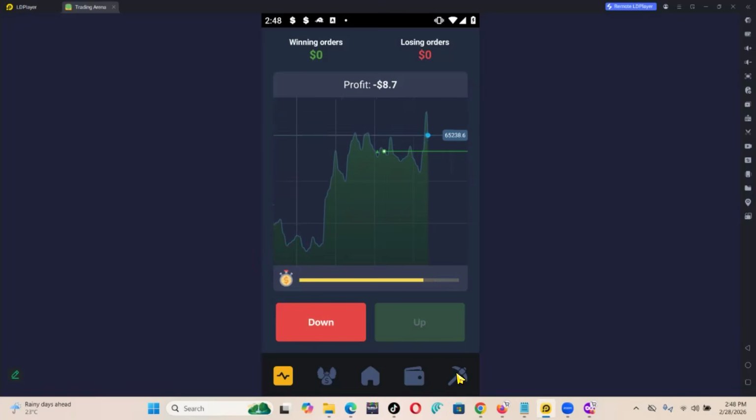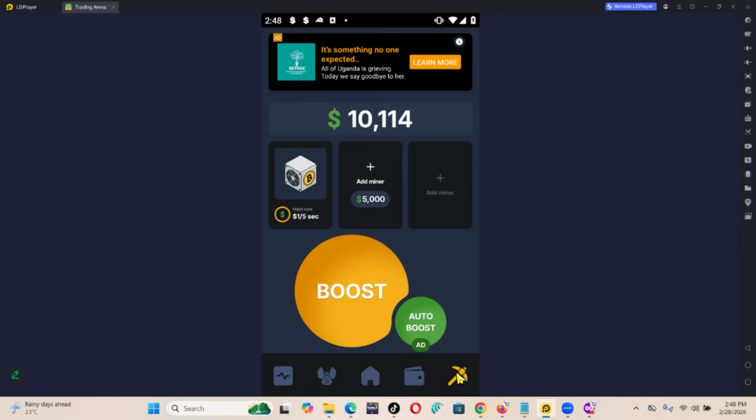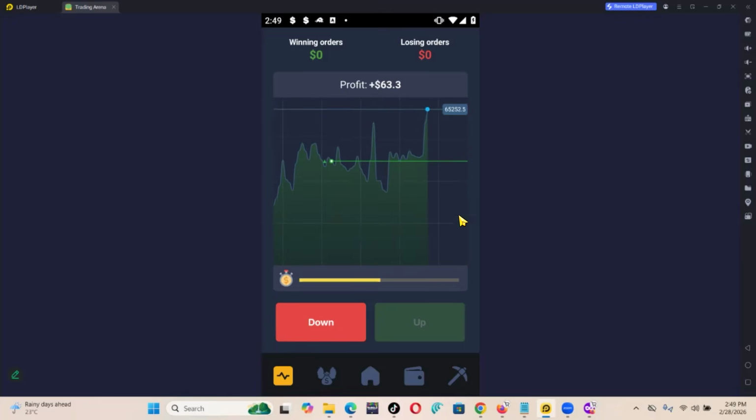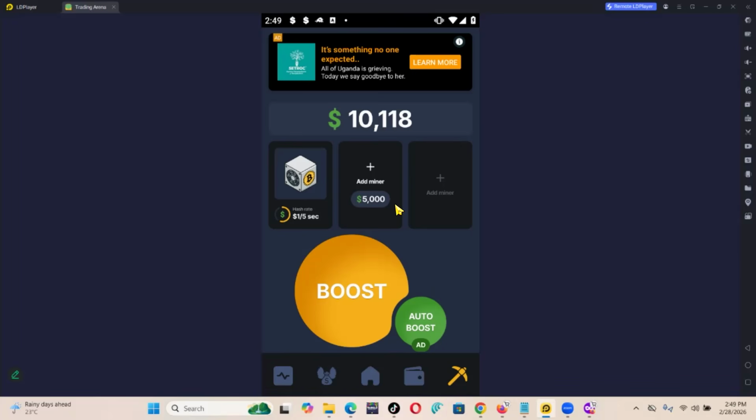First of all, after signing up, they will give you some free money to practice with, so that you can use that money to do stuff. Okay. But this money, you can't withdraw it. Why? Because this app is made for someone to train himself in trading and also how to mine crypto.